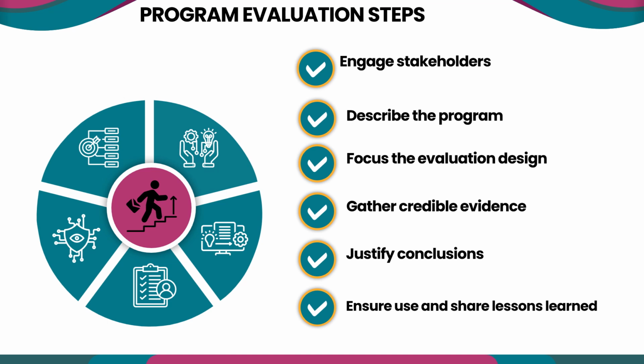Like other elements of the evaluation, the reporting strategy should be discussed in advance with intended users and stakeholders. So, again, we don't want to leave them out. We want to ensure the use and share the lessons that we learned from our evaluation at this point.